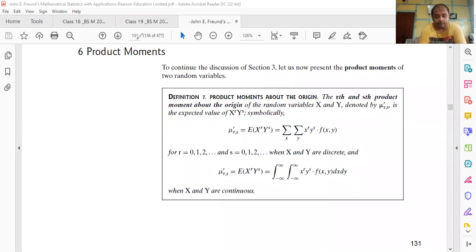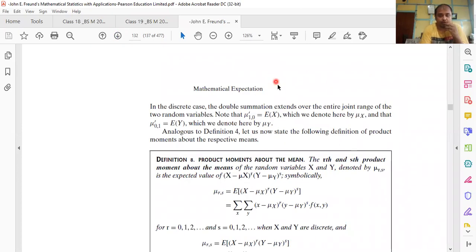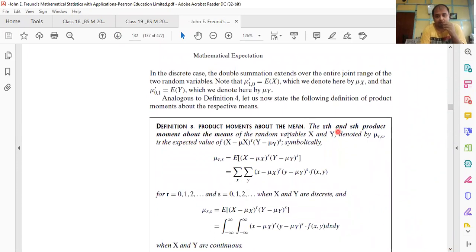Now, let us go to the next page and see what the product moment about the mean is, because in our case this definition is very important and it is directly related to correlation. I'll tell you the relation between this definition and correlation after I define the quantity.